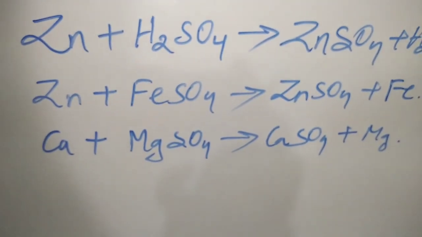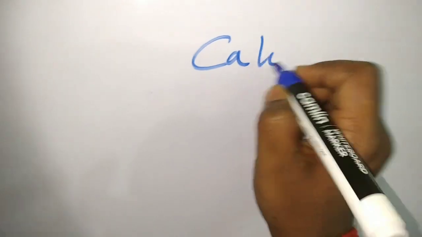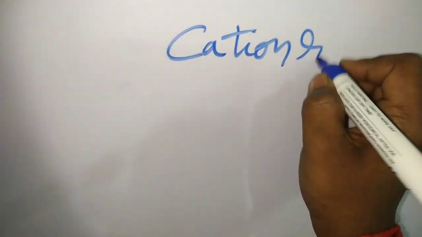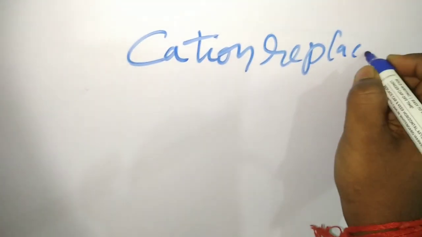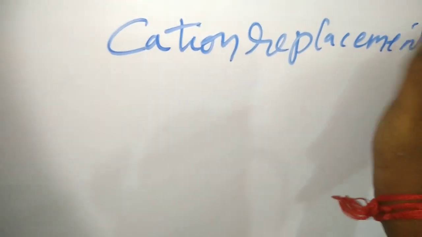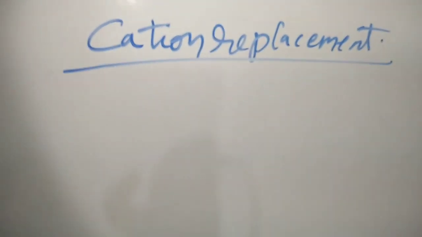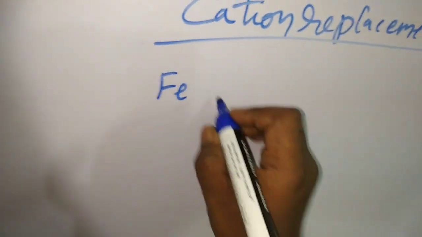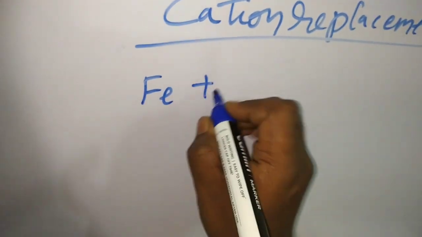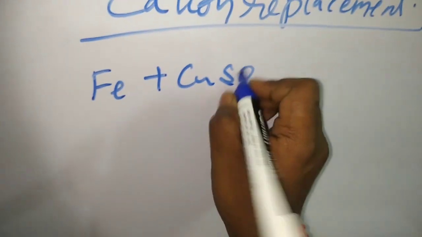Okay students, now see, some fundamentals. Cation replacement, meaning one cation replaces another. How? Let's see. First, take the example of Fe plus CuSO4.